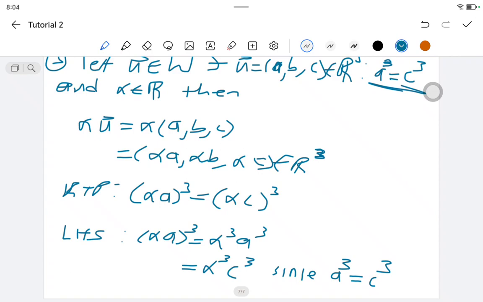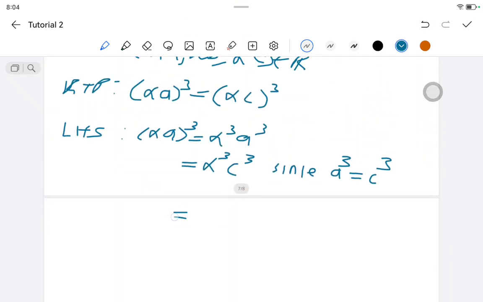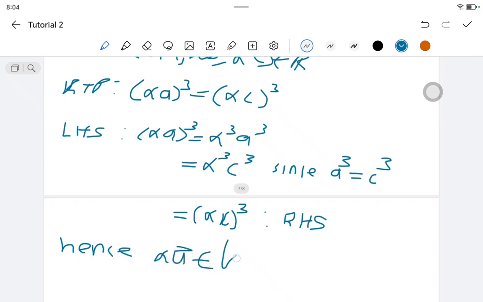We have said that there. And then from here, I can just substitute them back. You see, and this is equal to the right hand side. Hence, alpha u is an element of W.